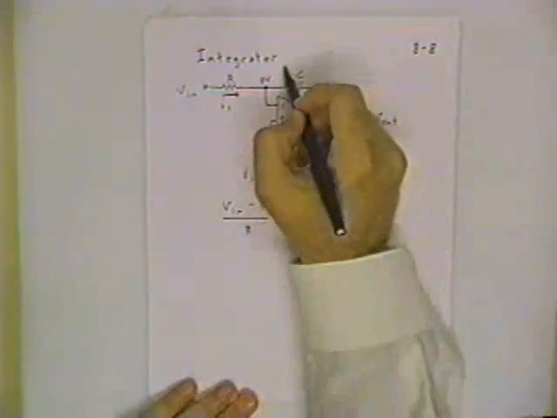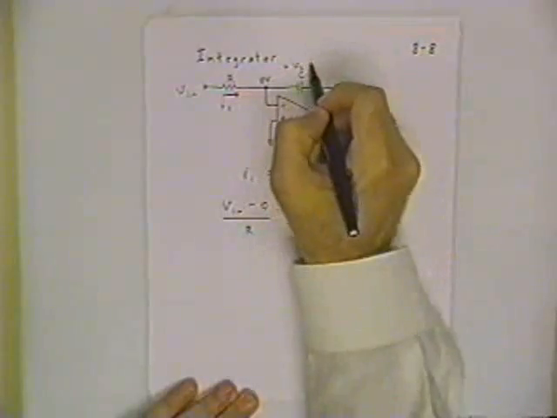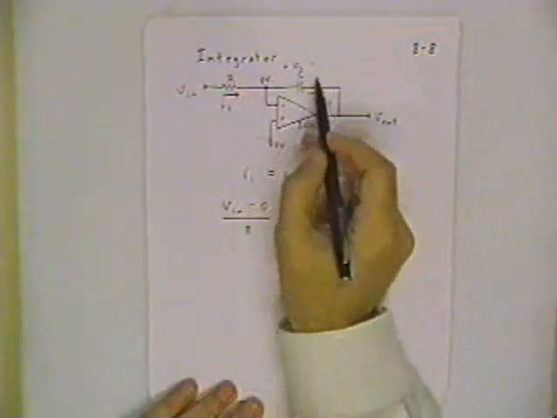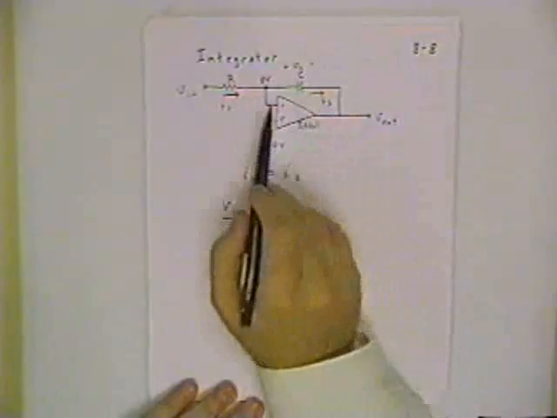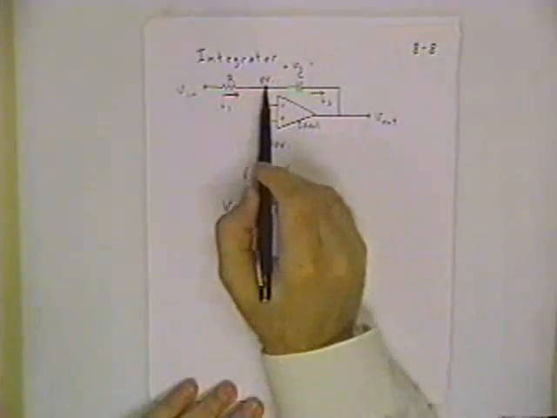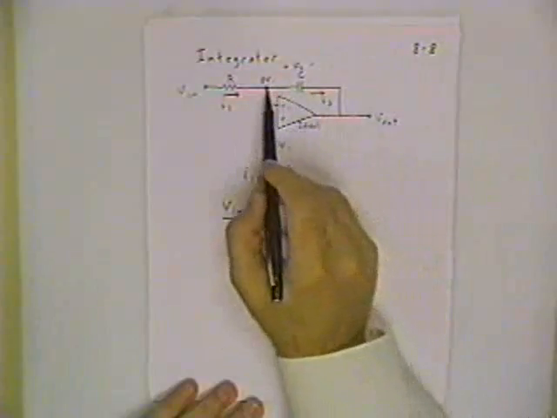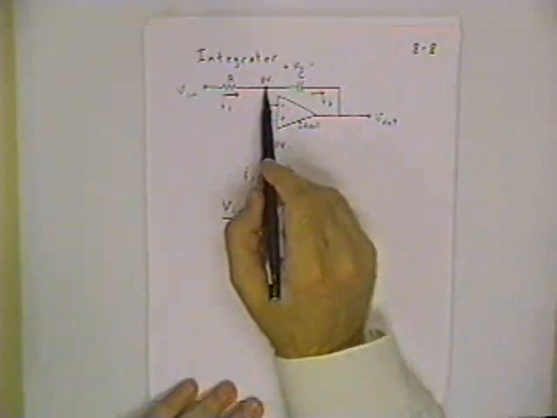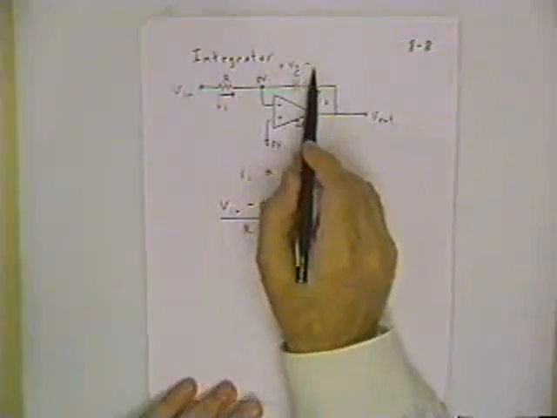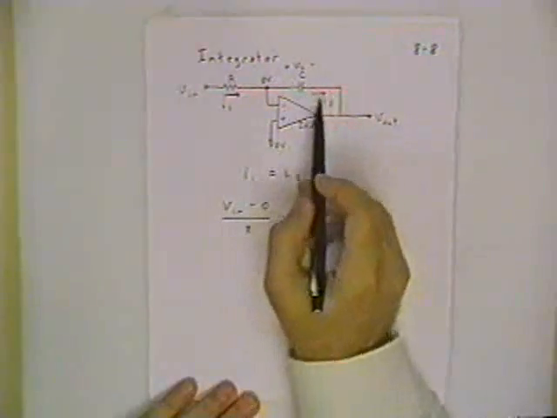We have to be careful with our passive sign convention, so let's say that this is the polarity we're assigning to the capacitor voltage, and that means we're assuming the 0 volt node is at a higher potential than the output. Doesn't really matter whether it truly is at a higher potential or not, as long as we set up a convention and we stay consistent with that.